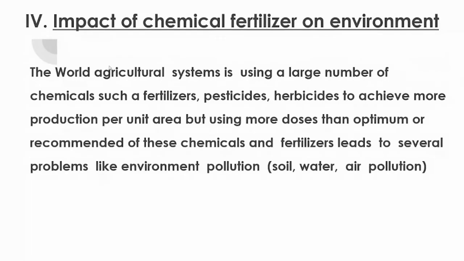If you use a number of chemicals such as fertilizer, pesticide, and herbicide to achieve more production per unit area, but use more than the optimum or recommended doses, it leads to several problems like environmental pollution: soil, water, or air pollution. So you should not overuse fertilizer.